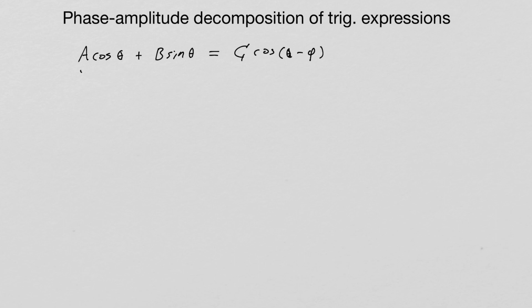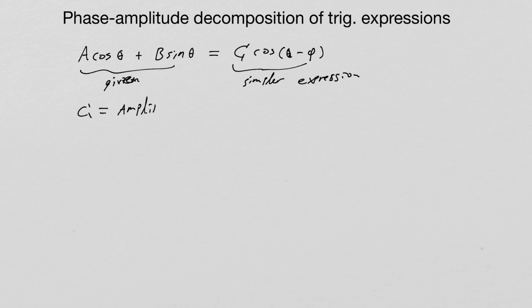The idea here, if we're given this, is that this is a simpler expression where C is going to be equal to this amplitude, and then phi is what we call the phase shift.